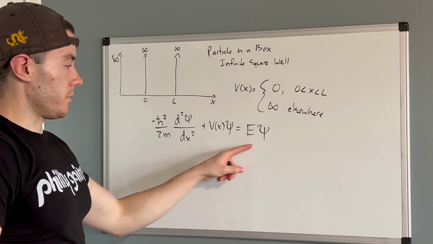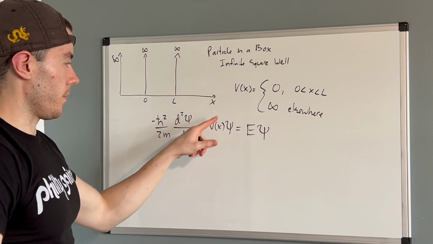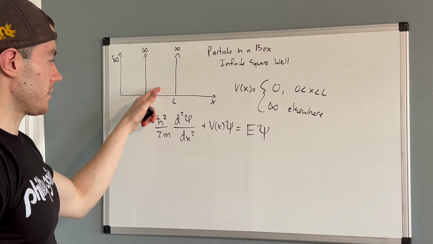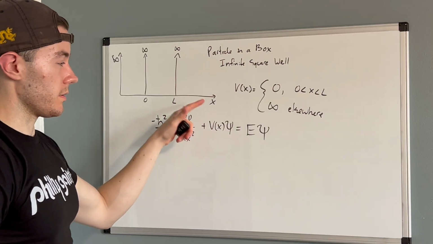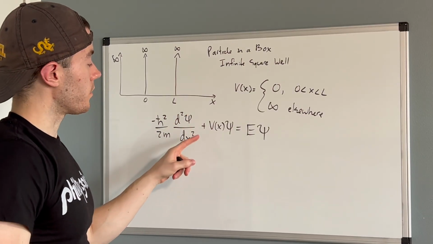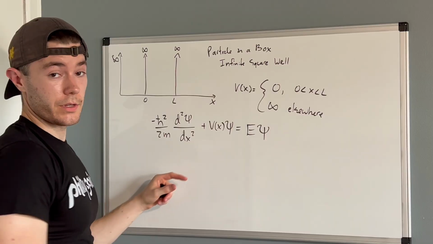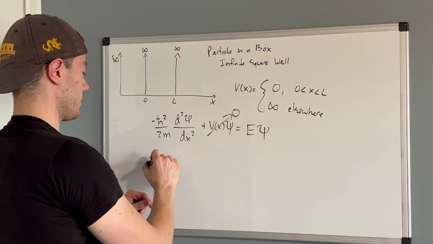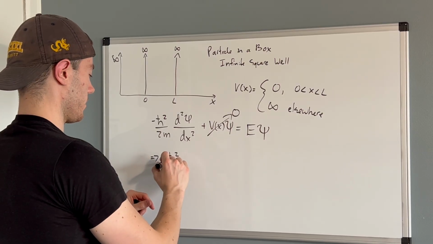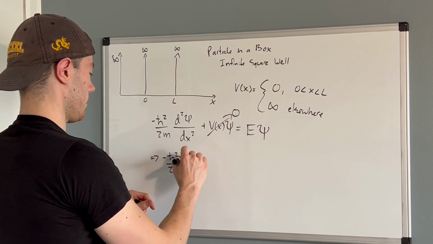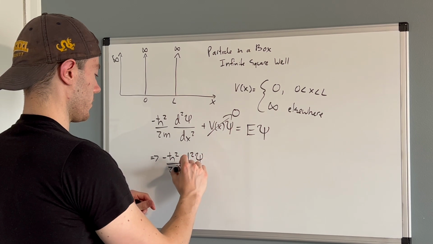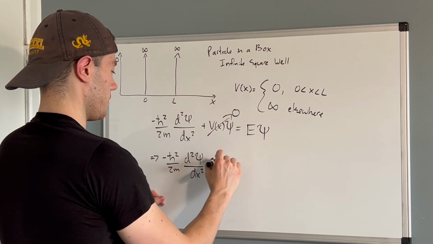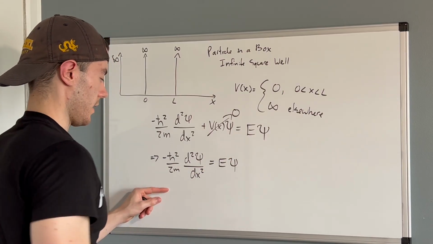Here's the time independent Schrodinger equation, but remember, we know for a fact that the particle is in the box, which means that the wave function is 0 outside of the box, which means that this term in the equation is 0 where the particle is, which means that the Schrodinger equation simplifies nicely. d squared psi dx squared is equal to energy times psi.